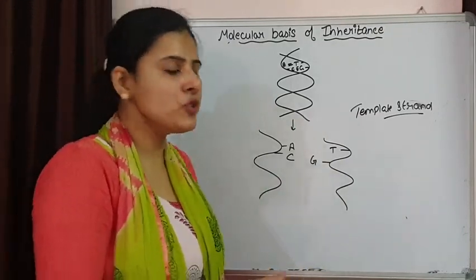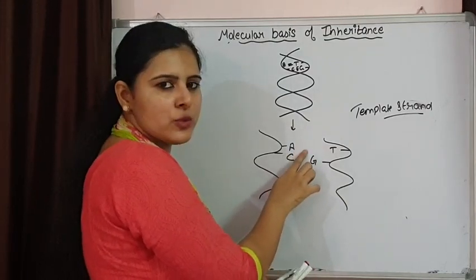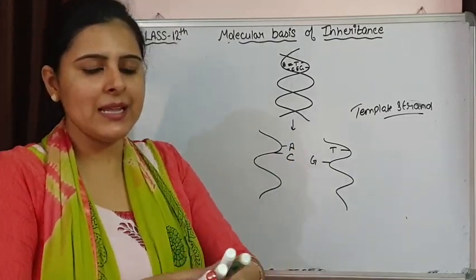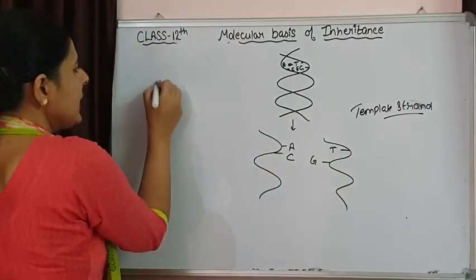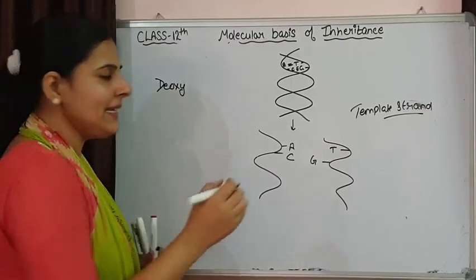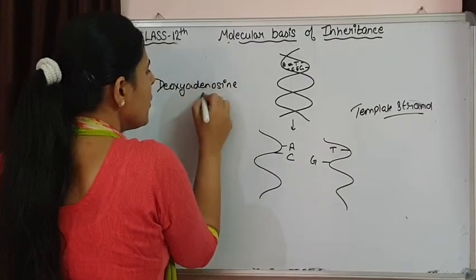Now for the formation of new strands, there will be formation of hydrogen bonding with the nitrogenous bases, and in the cells the nitrogenous bases are present in the form of deoxy nucleotides. Say if I am talking about adenine, it is deoxyadenosine monophosphate.